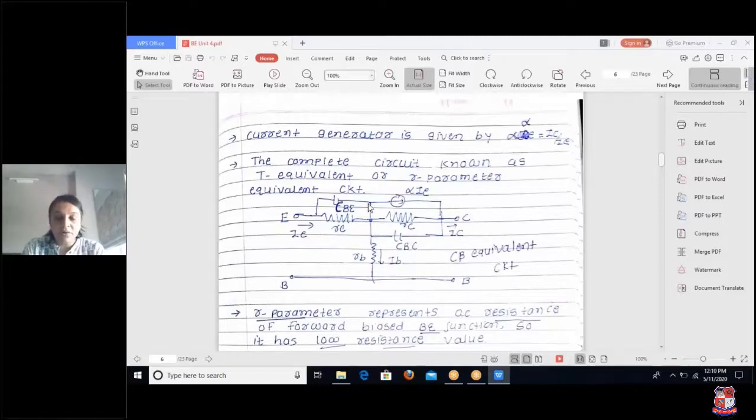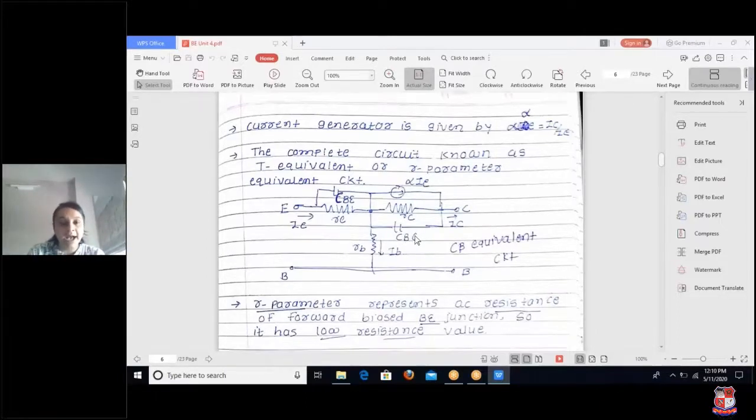And one more thing is also connected in parallel to the RC, which shows the current source, known as alpha IE, because in this equation your collector current becomes IC equal to alpha IE, right? So these are the current source, output resistance and the coupling capacitor.